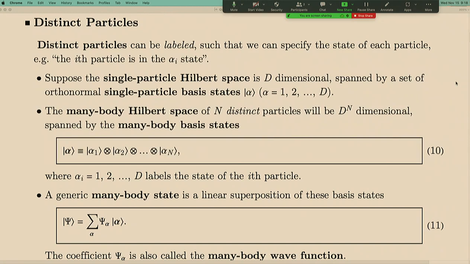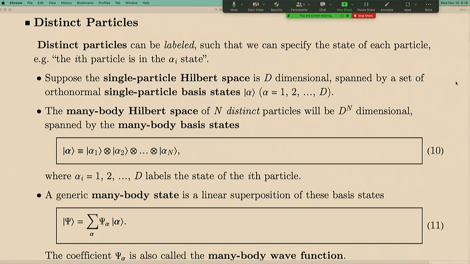If each single particle has a d-dimensional Hilbert space, such that its single-particle basis states are labeled by alpha going from 1 to d, then the many-body Hilbert space of n distinct particles will be d to the power n dimensional, and the basis states will again be labeled by the tensor product. It's the same principle. I'm just generalizing what I said previously from a qubit to a d-dimensional Hilbert space, replacing d equals 2 with generic d.